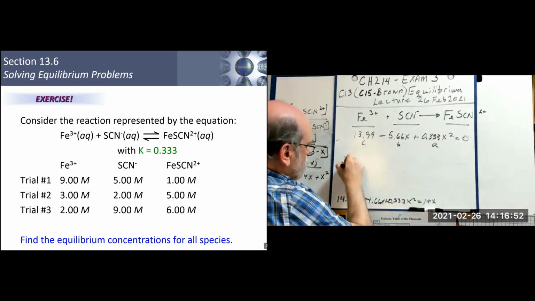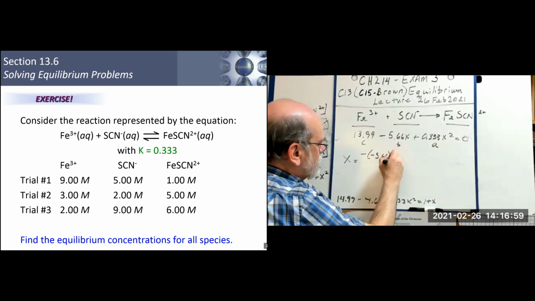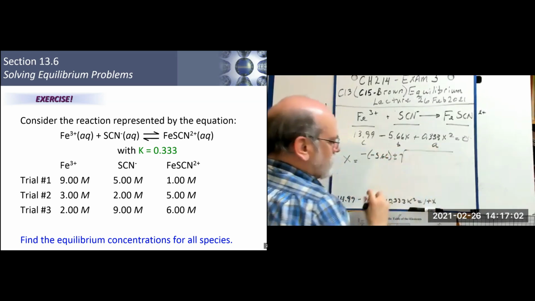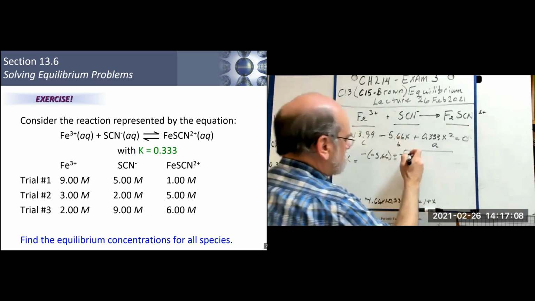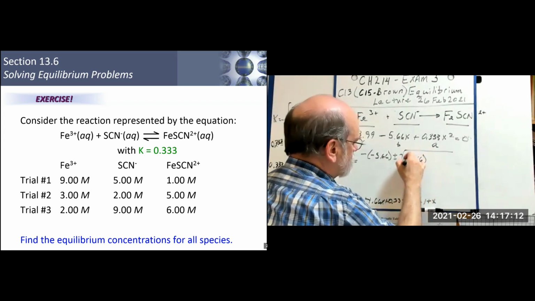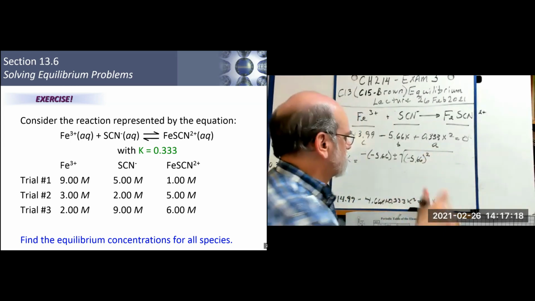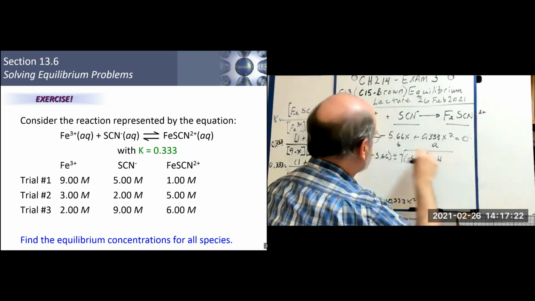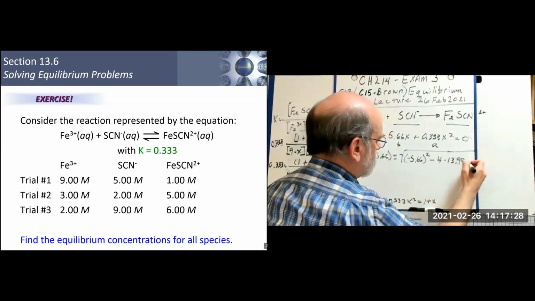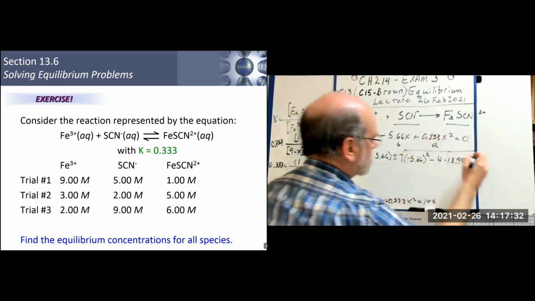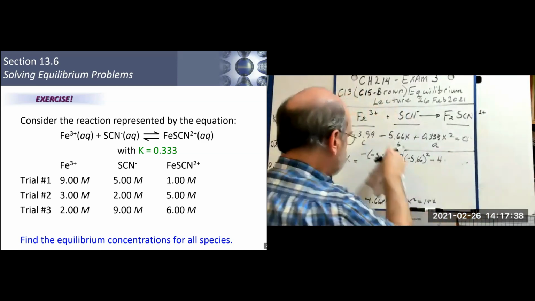Well, x is equal to minus b, minus a minus 5.66, plus or minus the square root of b squared, minus 5.66 squared, and minus 4 times a times c.